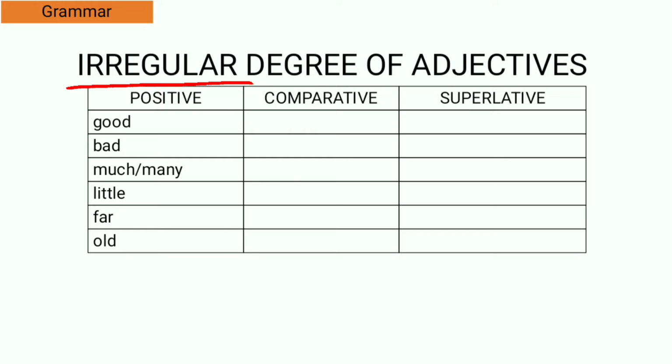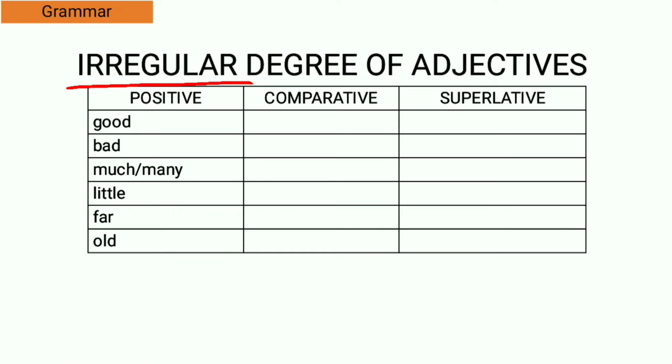But here in the irregular, we have to change the whole thing. Look at the sample adjectives on the left. We have good, bad, much, many, little, far, old. There are only a few of them, so it's better to remember them.